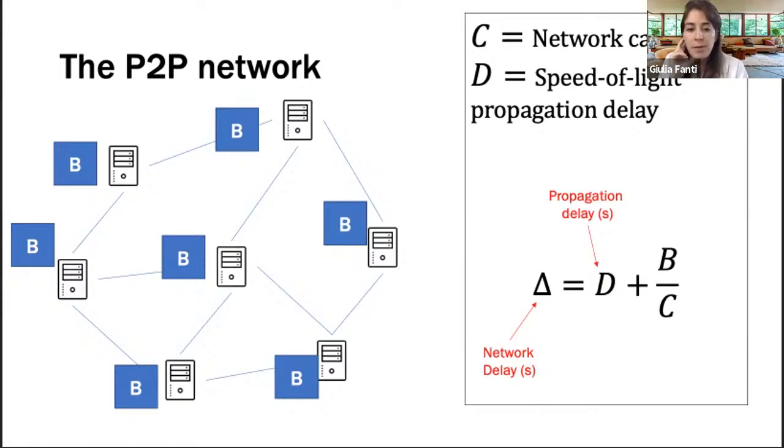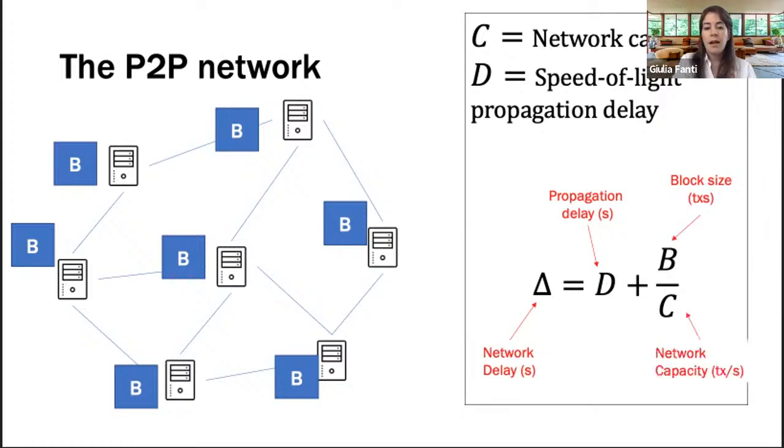But the second term is something that depends linearly on the size of our block, in terms of the number of transactions per block. So what is this saying? This is saying as you try to send larger and larger blocks, it's going to take more and more time to actually transmit that block to all of the other peers. And this gets divided by the capacity of the network.